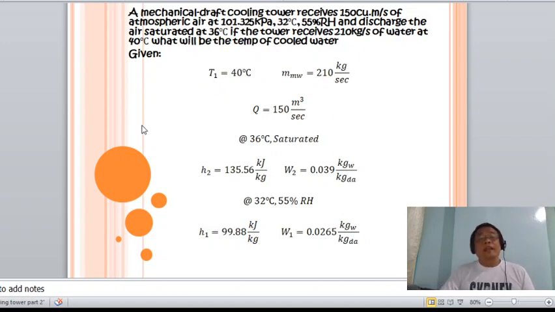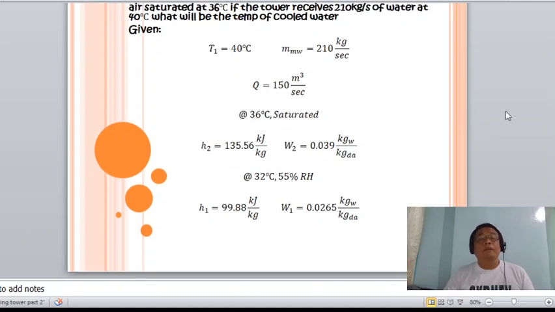And at 32 degrees and 55% relative humidity, again from the psychrometric chart, the enthalpy at 1 is 99.8 kilojoules per kilogram. And then again, looking at the right portion of the psychrometric chart for humidity ratio, the value is 0.0265 kilogram water per kilogram of dry air.